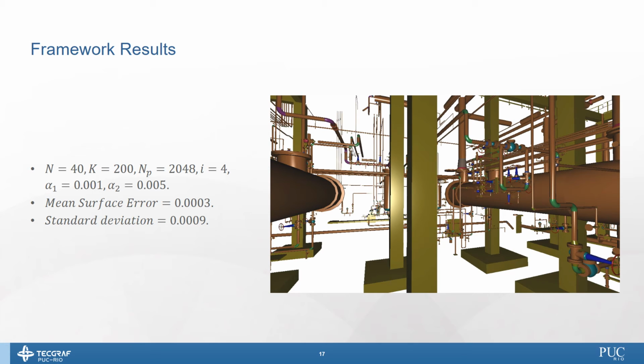These results show that we could obtain a model of very good quality, and using these parameters, we were able to reduce the model to almost 2% of the original size.